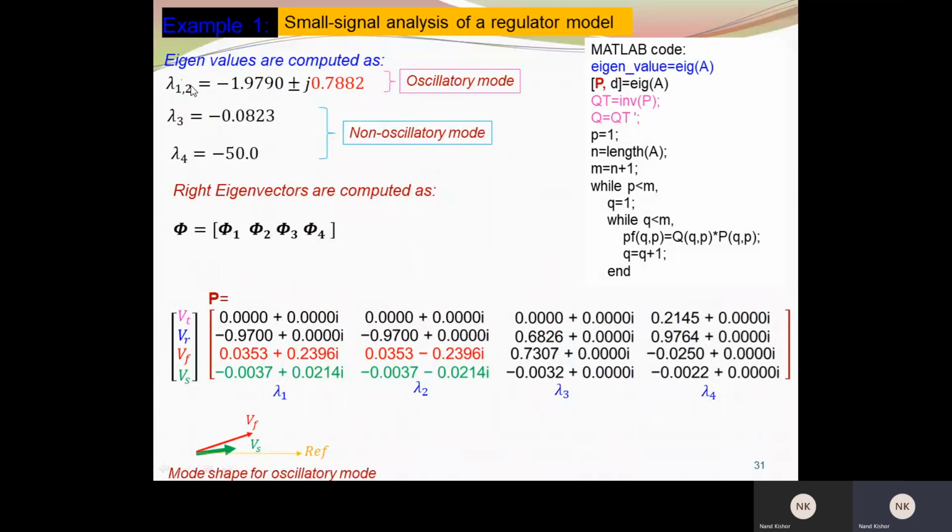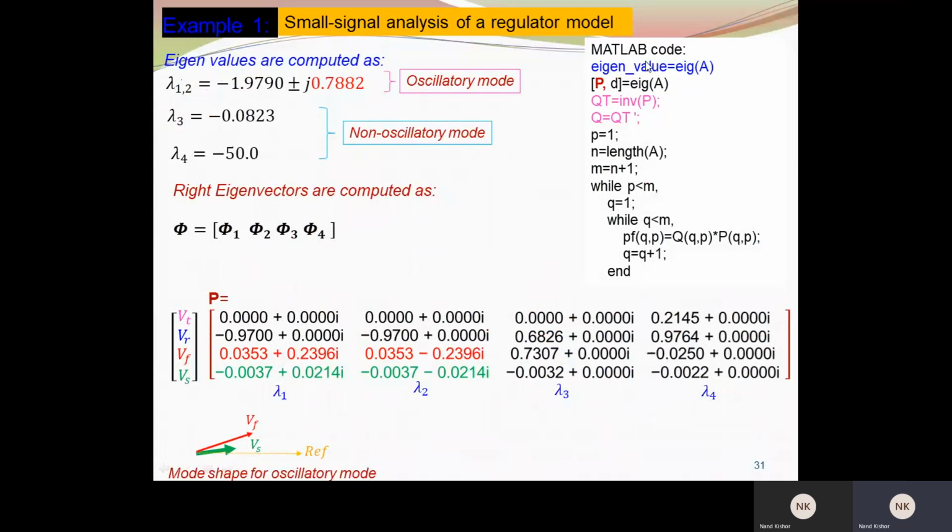And we find that two eigenvalues are complex and they are associated with oscillatory mode. However, the other two eigenvalues don't have any imaginary component here, and thus they are non-oscillatory modes.